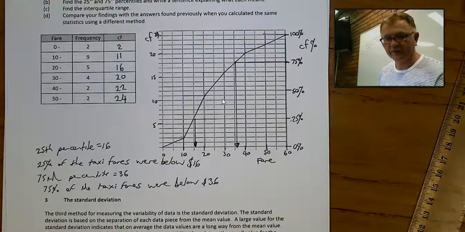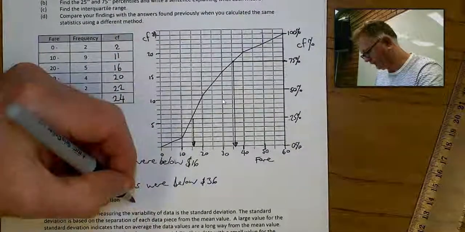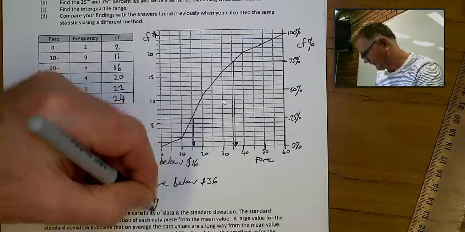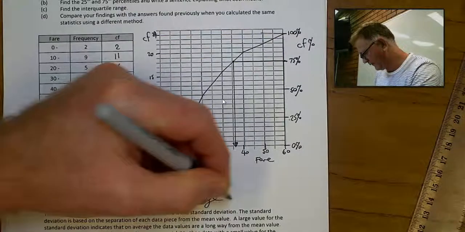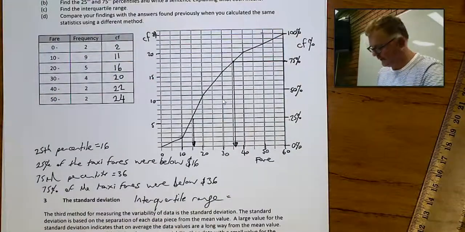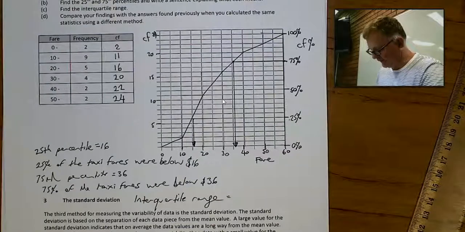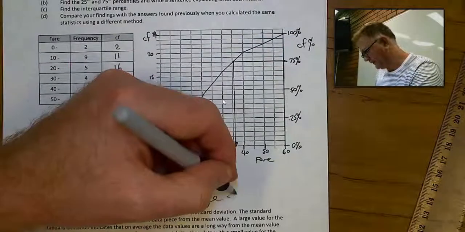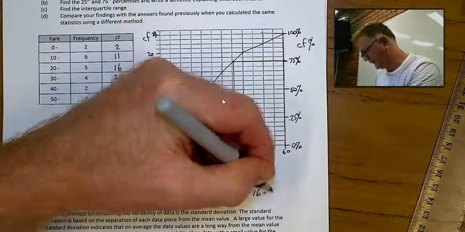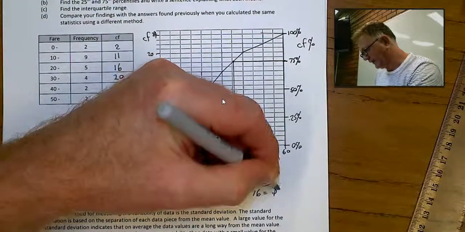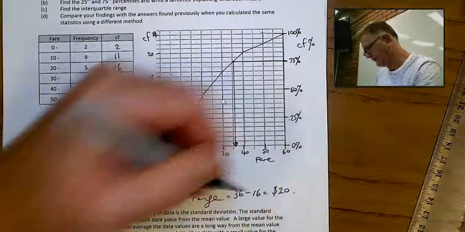Okay, so if we want to work out the interquartile range, it's equal to the upper quartile minus the lower quartile, or the 75th percentile minus the 25th percentile. 36 take away 16, that's an interquartile range of $20 in this case.